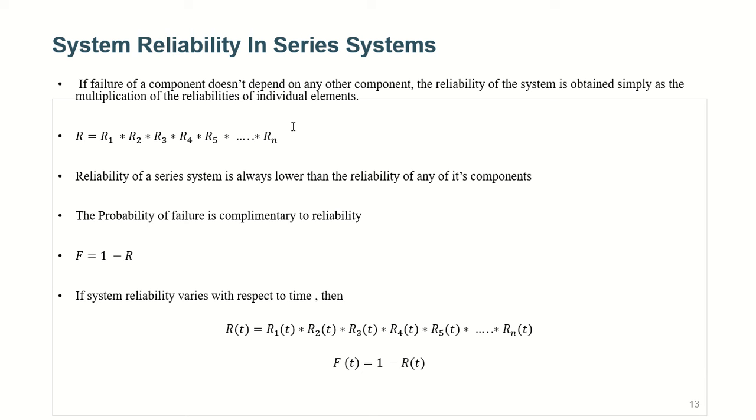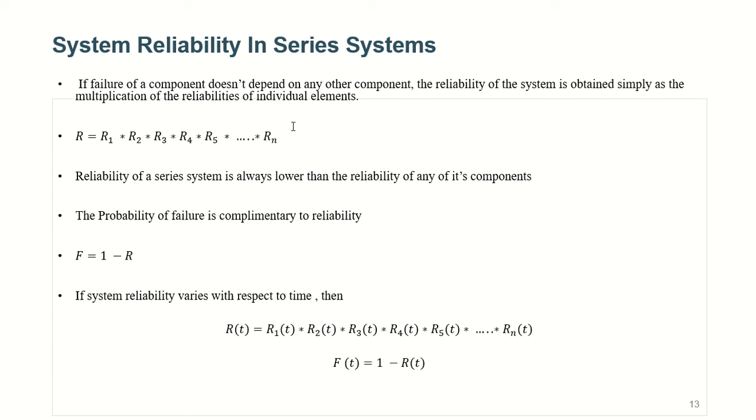In order to find the reliability of my whole system cumulatively, we take the multiplication of the reliability of each individual element. When we do that, in practical scenarios, the reliability of a series system will always be lower than the reliability of any of its components.